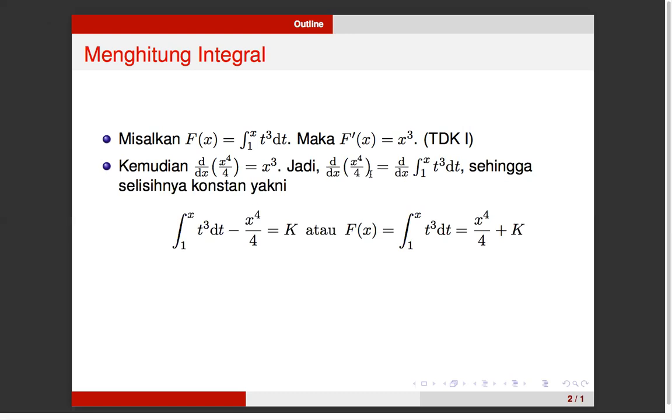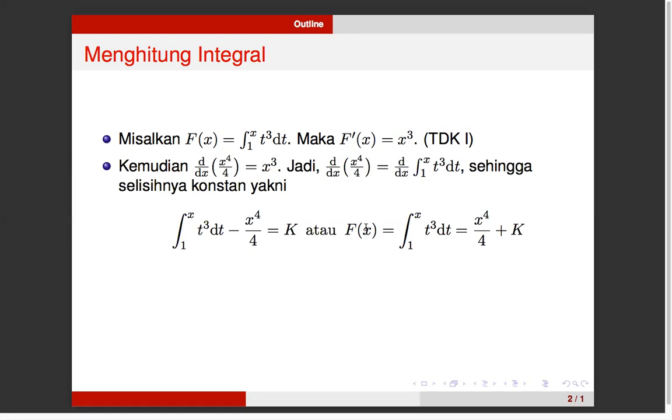It's the same in this case. We have two functions, x to the power 4 over 4 and the integral from 1 until x of t cubed dt. These two functions have the same derivative, which is x cubed. Then it means that if we take the difference of the original function, this one and this one, it only differs by a constant.